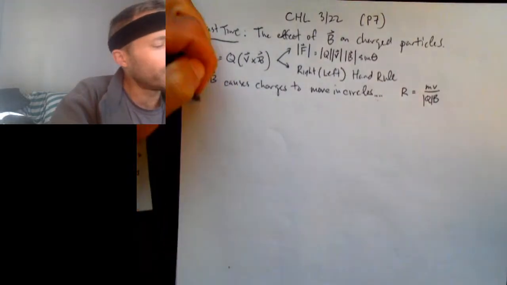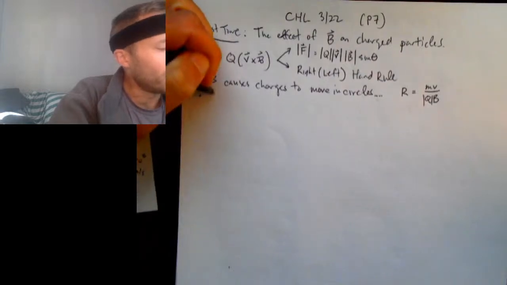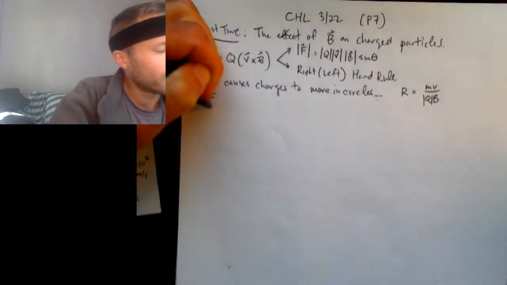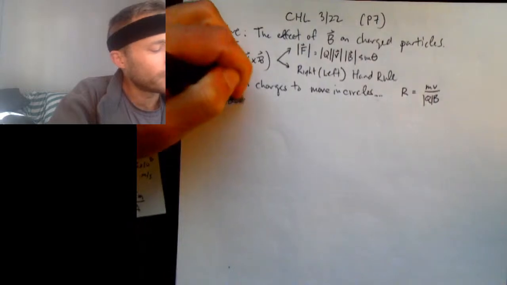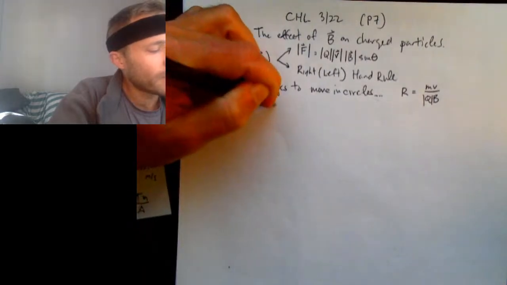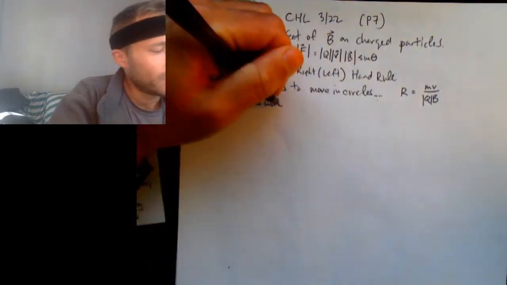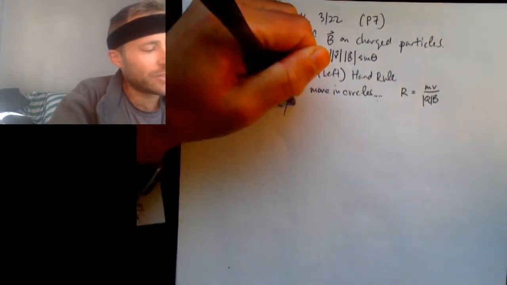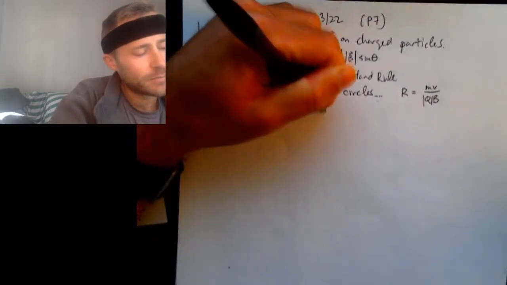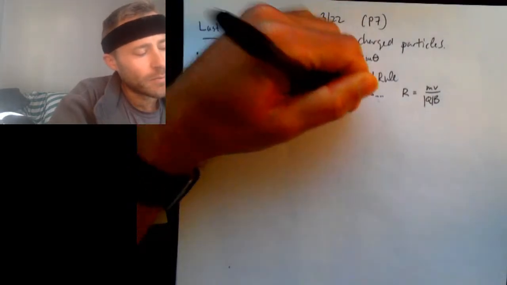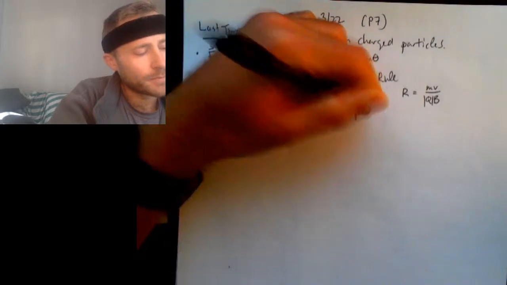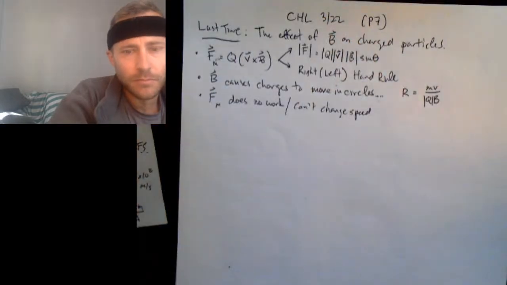And then we also talked about how the magnetic force does no work, which means basically it can't change the speed of the particle.